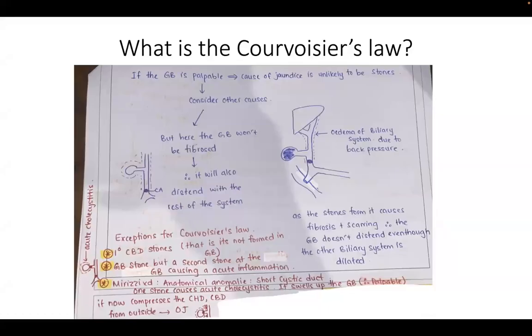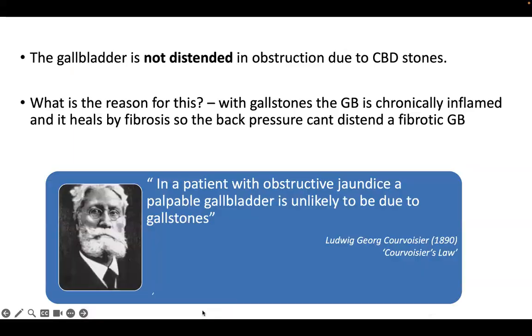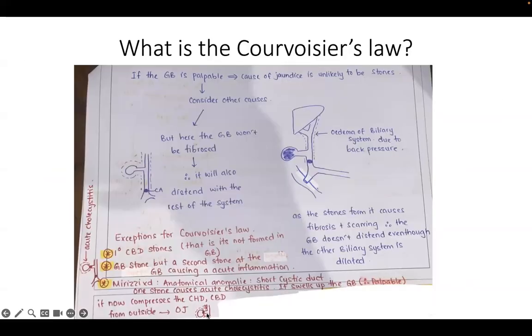This is where you have a short cystic duct, that is the duct that connects the gallbladder to the CBD. What happens here is one stone will cause an acute cholecystitis. It swells up the gallbladder, therefore it's palpable. It now will also compress the other system from outside, causing obstructive jaundice. That is what I have drawn here at the bottom.